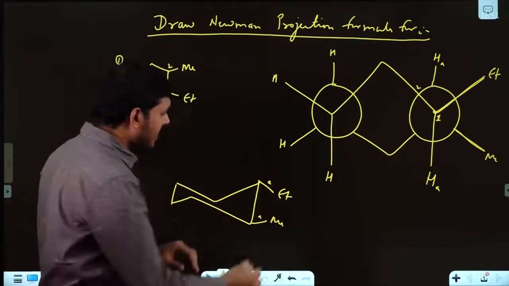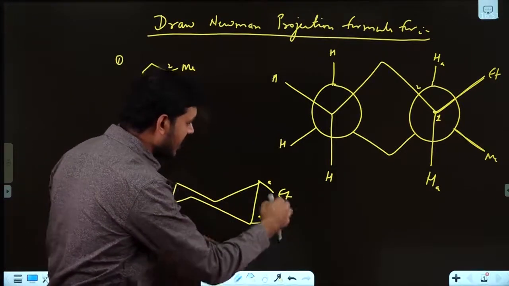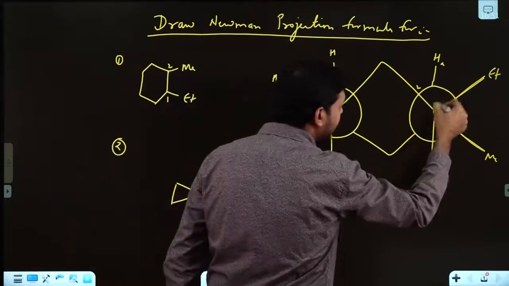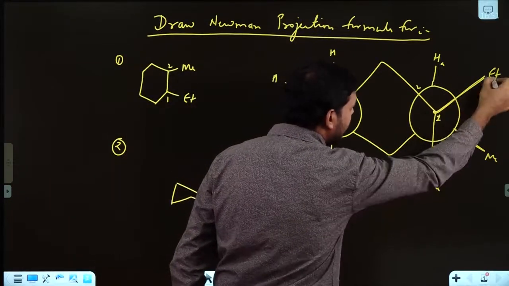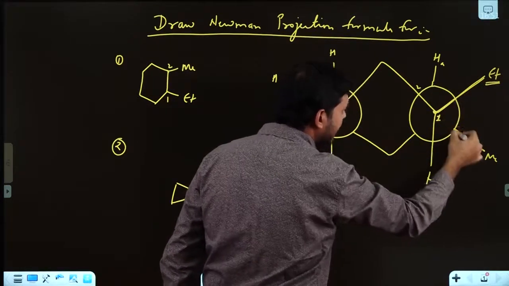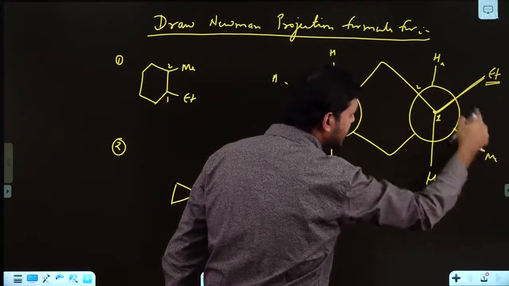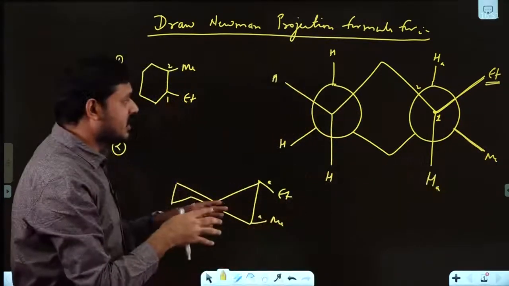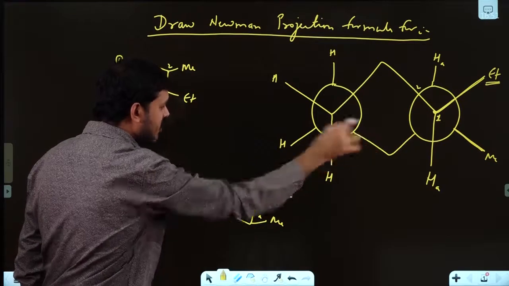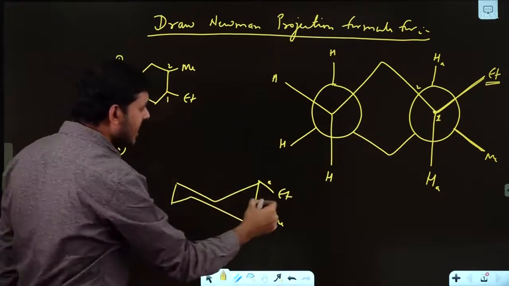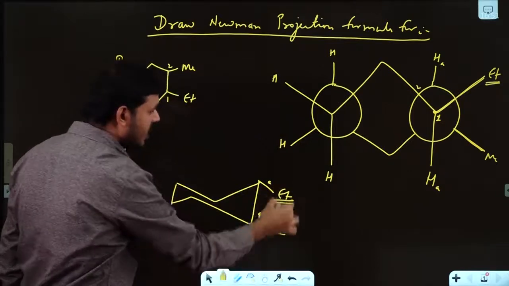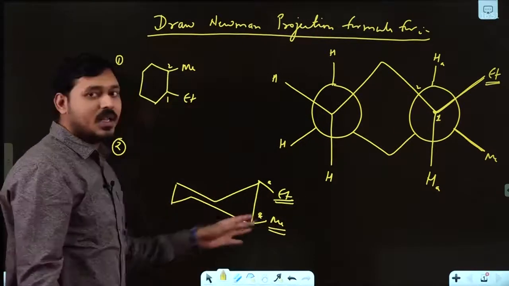We just feel that this ethyl and methyl are nearby. No, you can observe from this structure, the front has ethyl towards this side and the back carbon has methyl towards this side. So these are not actually towards each other, they are far away from each other. You can observe it from this Newman projection formula. Hence we say that the equatorial position must occupy the bulkier groups.